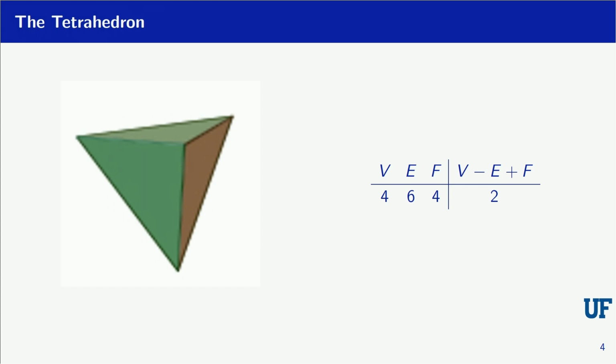So V, for one of these objects, V is the number of vertices. So for the tetrahedron, there's the 4 corners. There's 4 of those. E is the number of edges. The edges join vertices together. There's 6 edges on a tetrahedron. And then F is the number of polygons that you're using. So here there's 4 triangles. And then I have this weird formula, V minus E plus F. We'll talk about that later, okay? But here you get 4 minus 6 plus 4 is 2, all right?